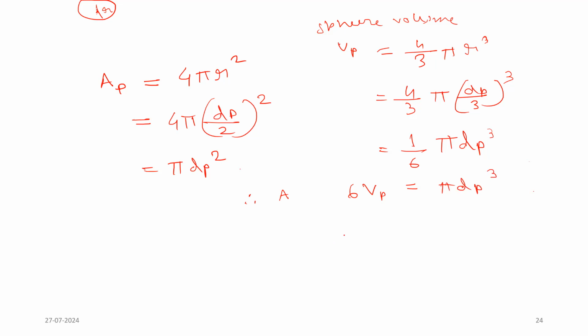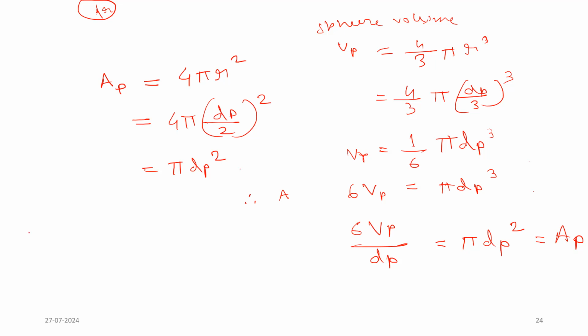If we bring the 6 here, it will be 6 Vp equals pi dp cube. Then 6 Vp by dp is pi dp square, and pi dp square is nothing but the surface area of the sphere.